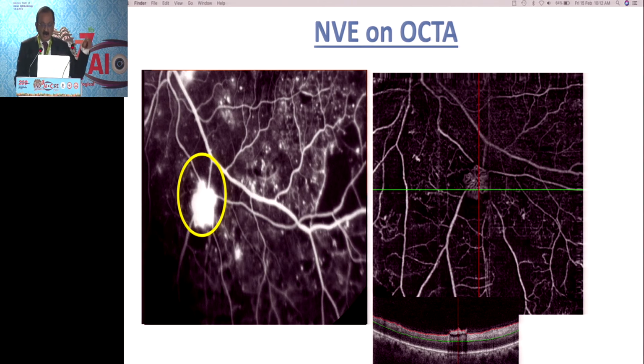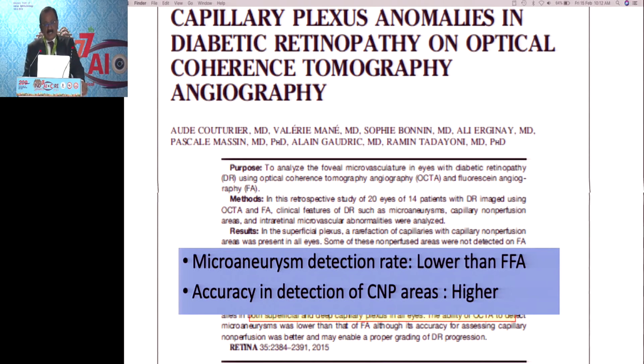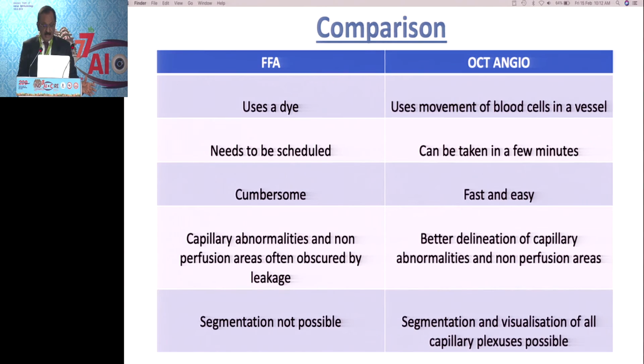Here you can see the coiled new vessel structure. Even if you want to treat it, you'll be able to see it. Studies showed that the microaneurysm detection rate in OCTA was still lower than with fluorescein angiography, but areas of capillary nonperfusion were detected much more easily with OCTA.